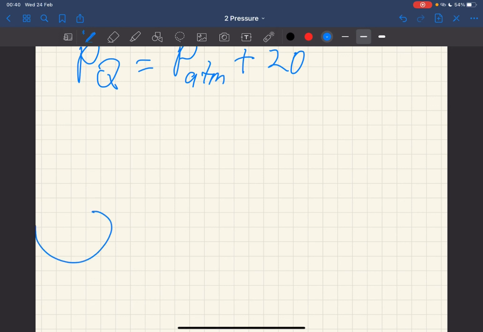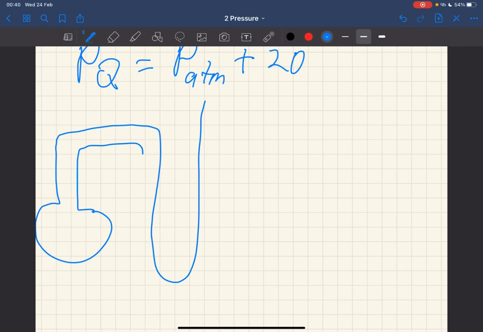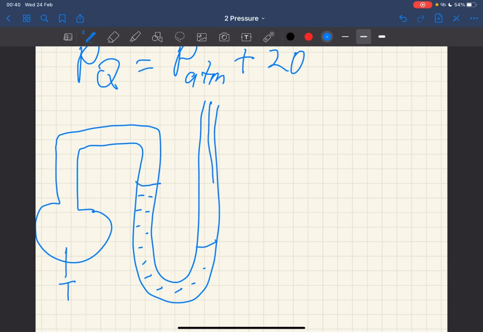Let's see. If it goes like this. This is gas T. This is ATM, and this is the height.